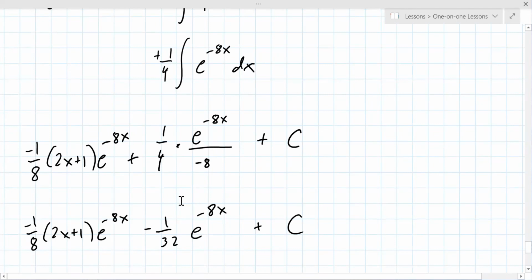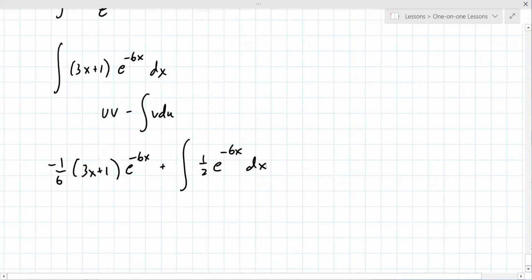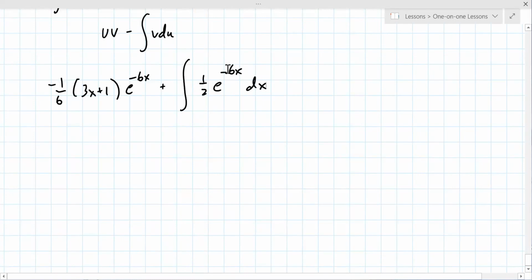And then you multiply 4 times 8 to get the minus 32. So you still have a step down here where you have to integrate this e to the minus 6x dx just like you did up above. Okay.